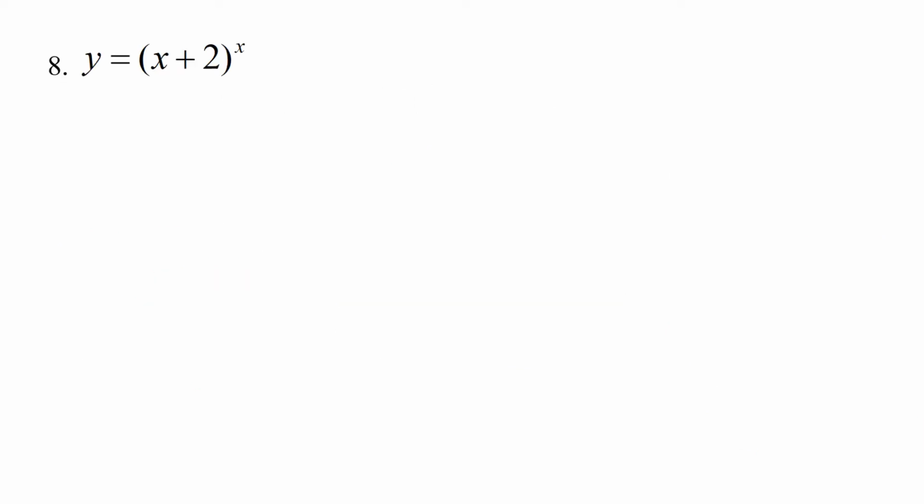So we have y is equal to x plus 2 to the x. This is one function raised to the power of another function. So what we'll do is we'll take the natural log of both sides.